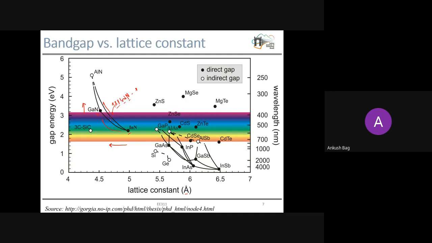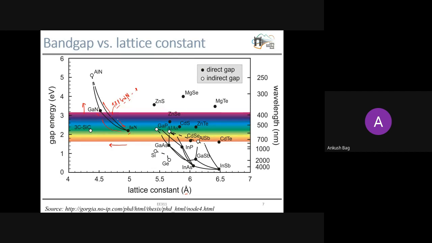So how are you getting this color? If you change this atomic concentration, you can change the color emission. If you increase the indium portion and decrease the aluminum portion, you can also get a green LED.